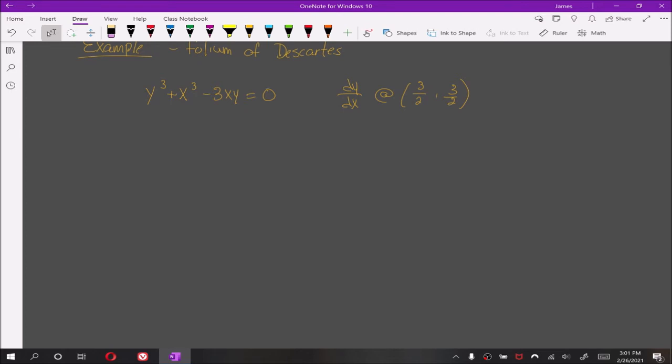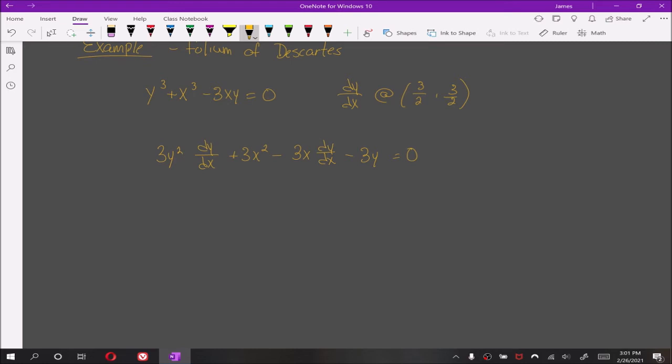All right, so first we have to find dy/dx. Again, it's just term by term. 3y squared dy/dx plus 3x squared minus product rule. So minus 3x dy/dx minus 3y. And that equals 0.